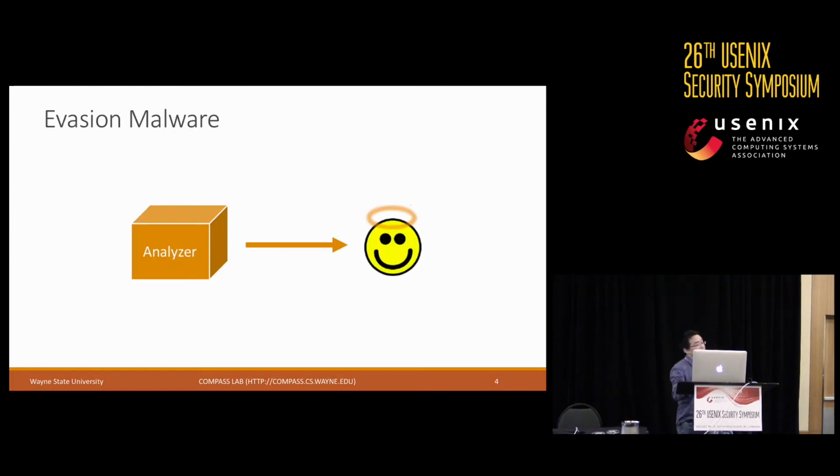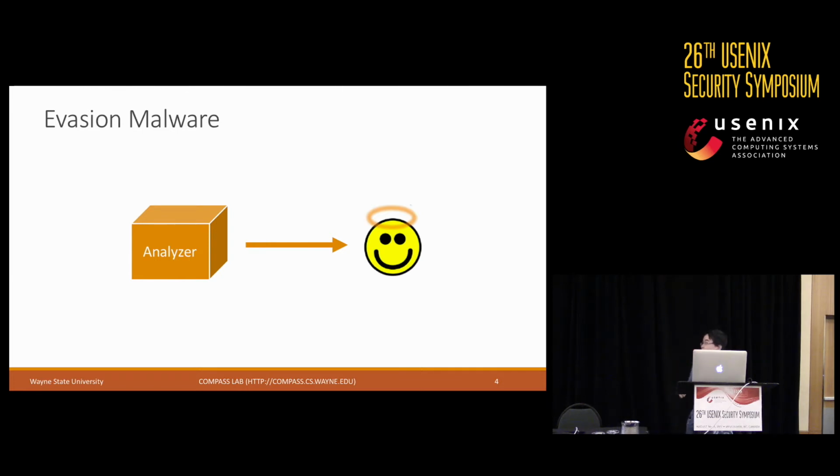As the name says, the evasion malware is a kind of malware that aims to evade analysis. In particular, it tries to detect whether the malware analysis system is present or not.